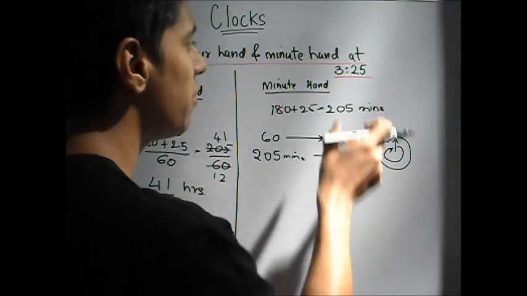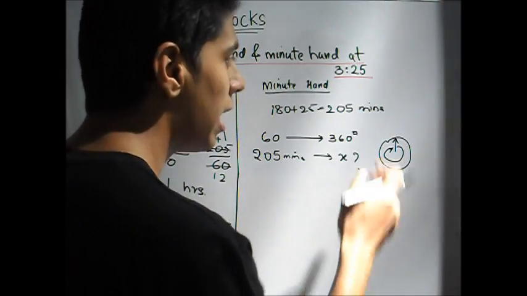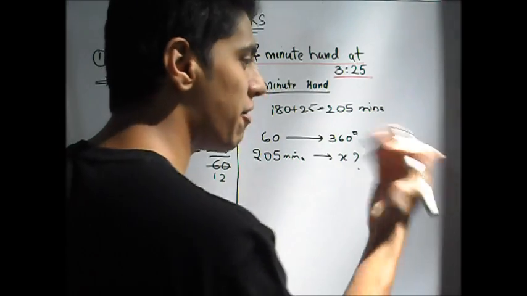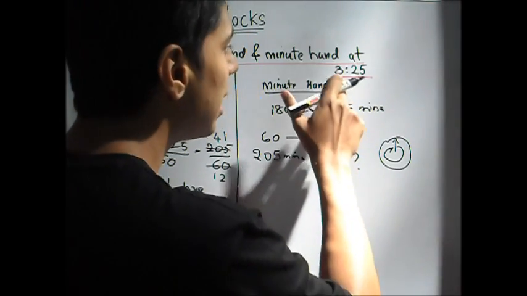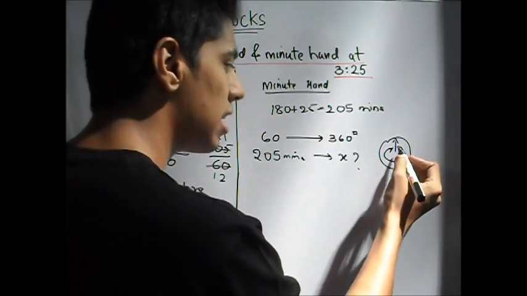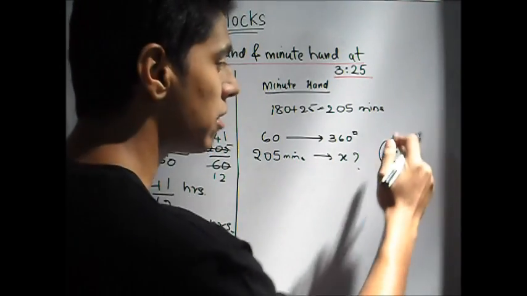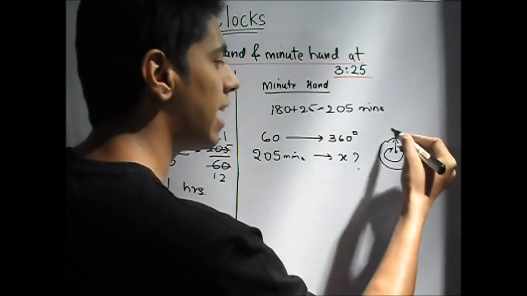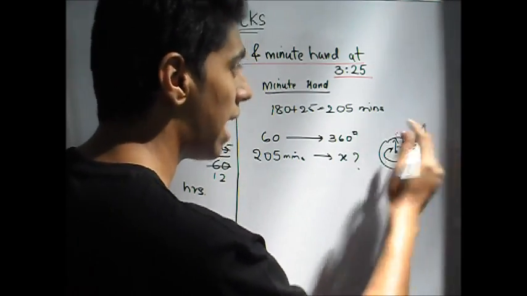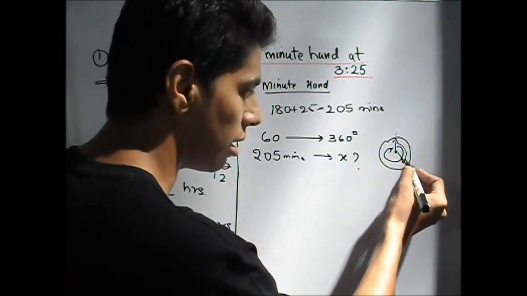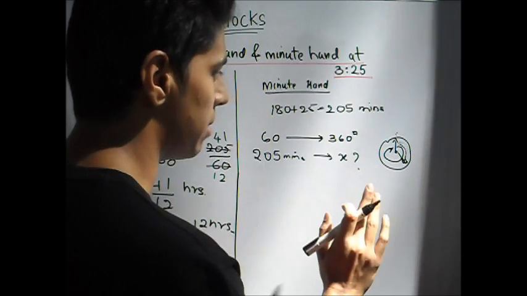So it doesn't matter whether it was 3:25 or 12:25, it would still start from this position every hour. So you can basically ignore the 3 hours. Say it started at 12. After the first hour, it would come back to 12, after the second hour, it would come back here, after the third hour, it would come back here, and then 25 minutes, somewhere here. So you only need to consider the 25 minutes.